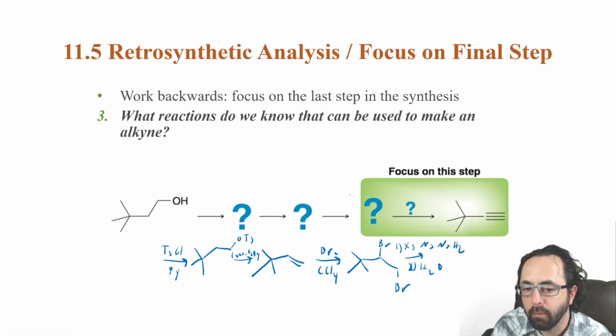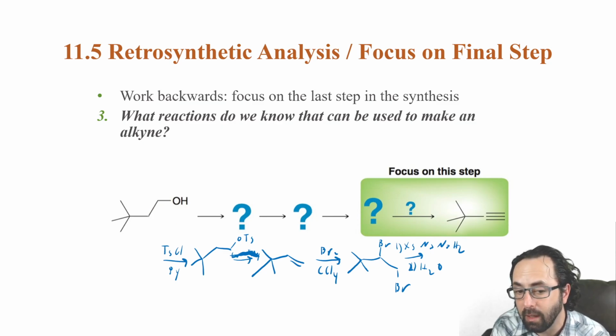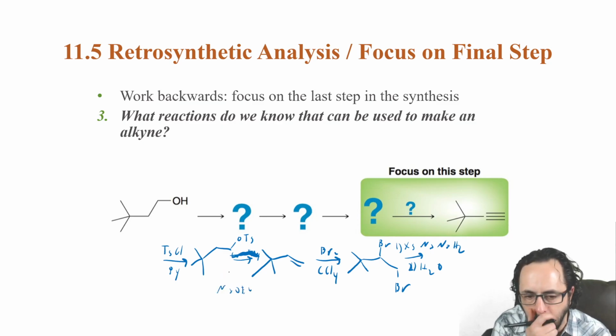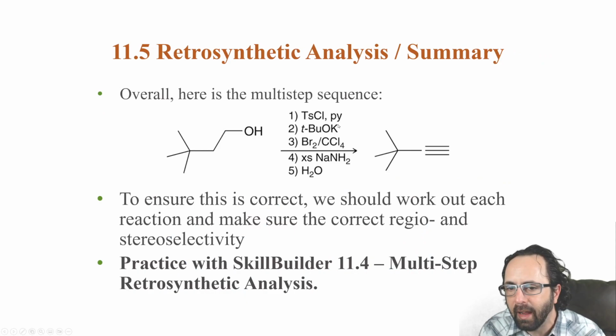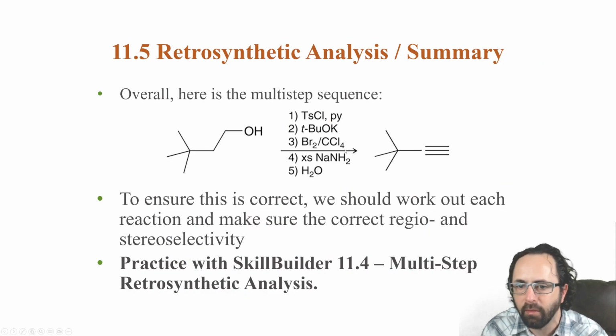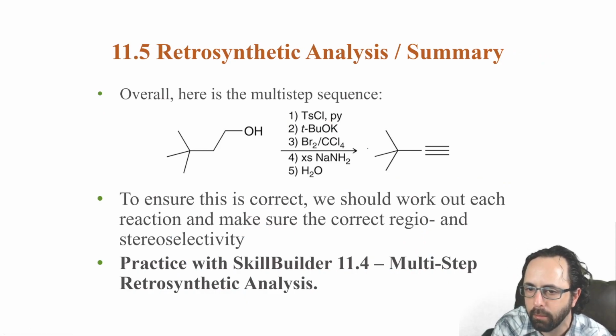Or rather, we're doing an elimination. We could use any base here. So we could use sodium methoxide. We could use really any base, because this alcohol is terminal. And so I indicated tert-butoxide here, which would be fine. We can use any other base too.